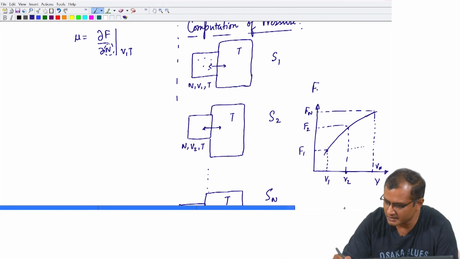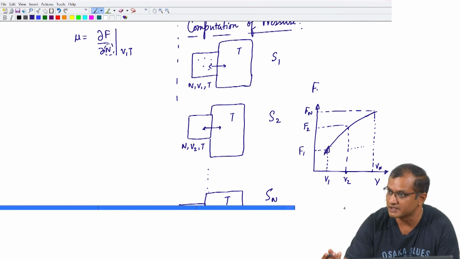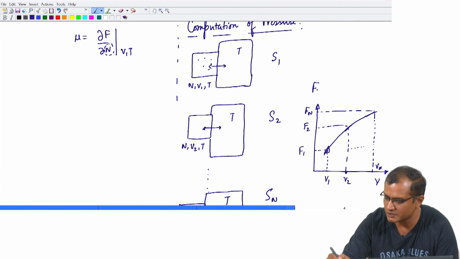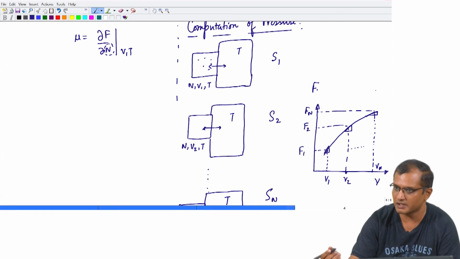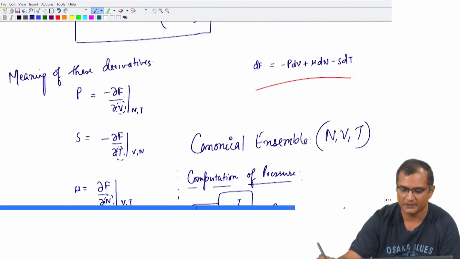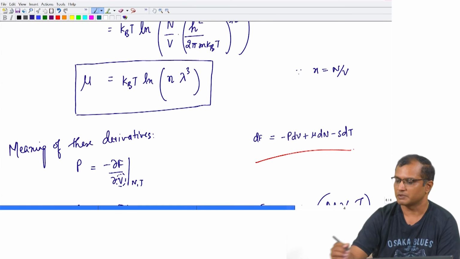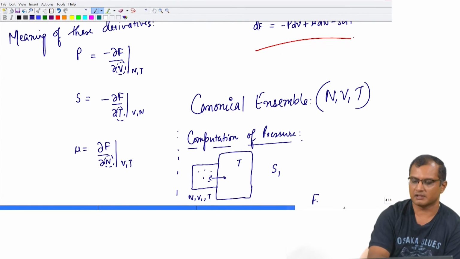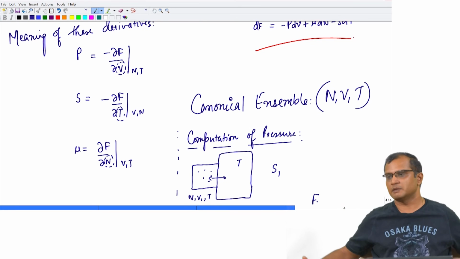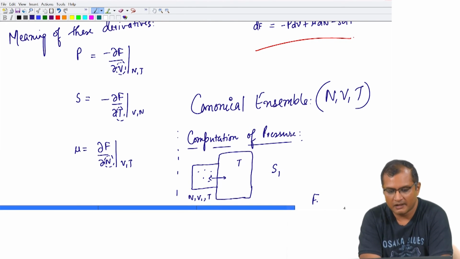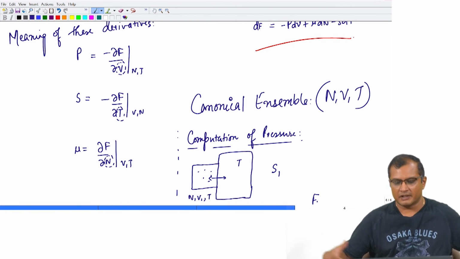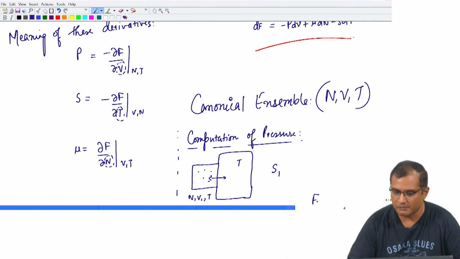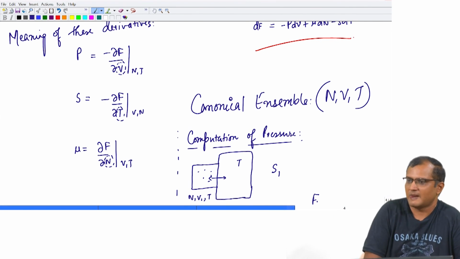And I am saying that the pressure of system 1 is nothing but the slope here, which is dF by dV. The pressure of the system at V2 is the slope here, and the pressure of the nth system is the slope here. The slopes are nothing but dF over dV, which is what I have shown here, negative of that slope. Similarly, you can construct systems at various temperatures keeping n and V the same, varying by small temperature steps.